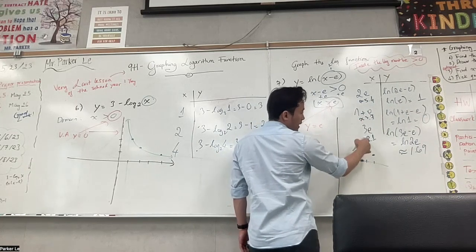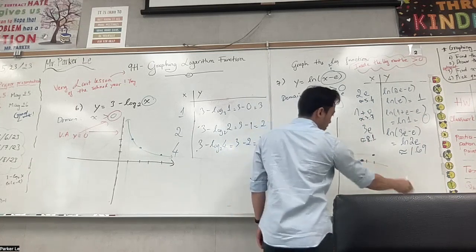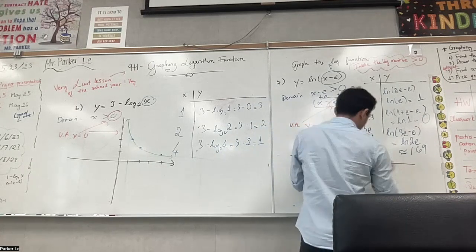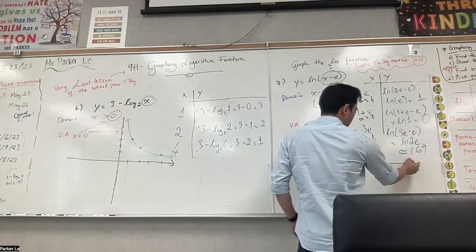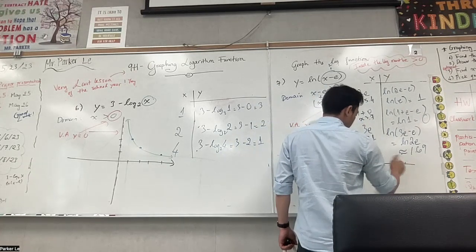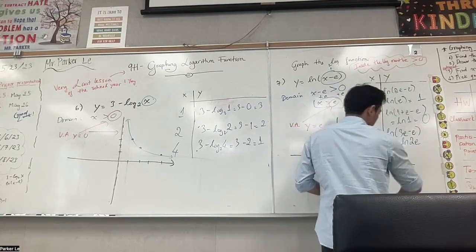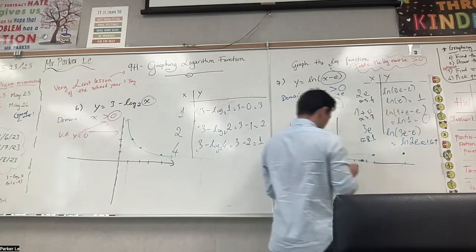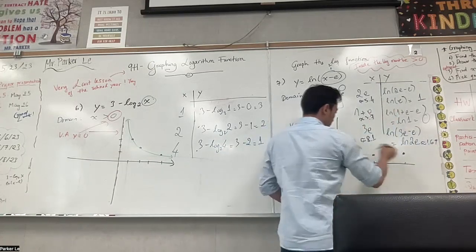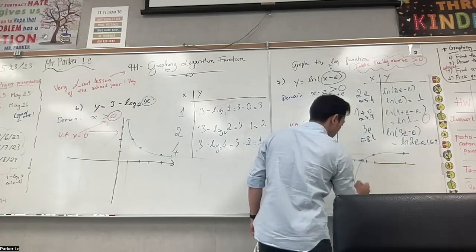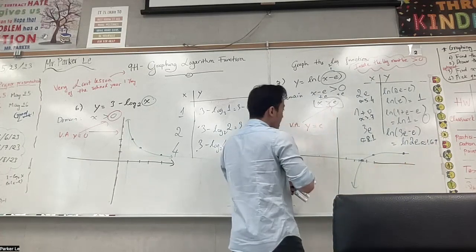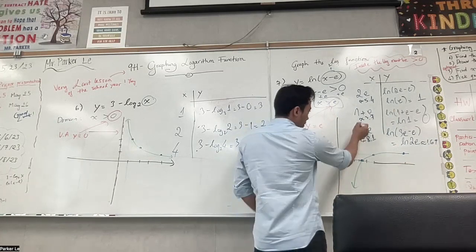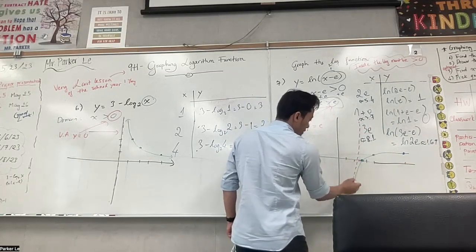So that's the math, okay? And then 8.1. So let me get this one longer a little bit. 8.1 will be here. The VA is e, and e is 2.7. So it may be around here.